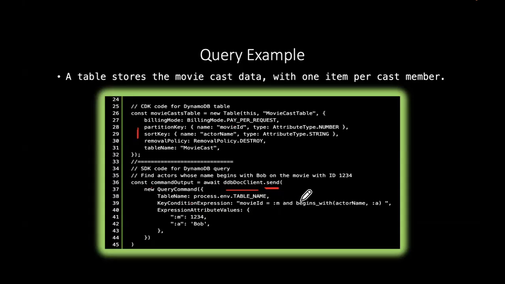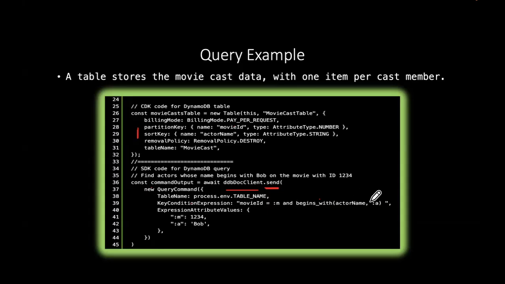And now this is how we specify the condition associated with the sort key in TypeScript anyway. There's a convenience function called begins with, where we specify the value that we want to restrict our query on. So the actor name has to begin with this value.